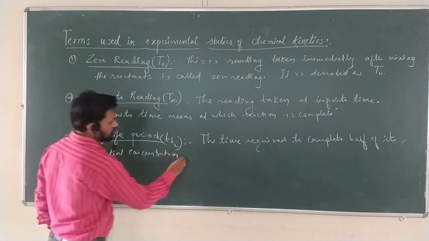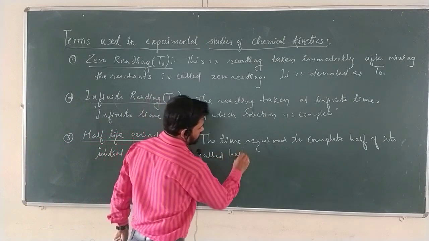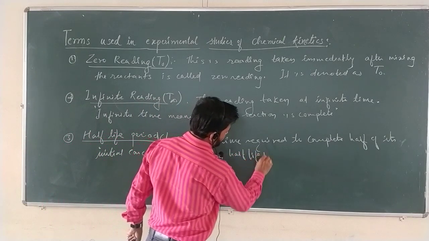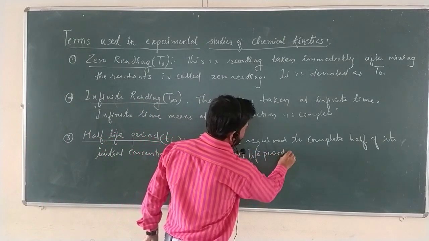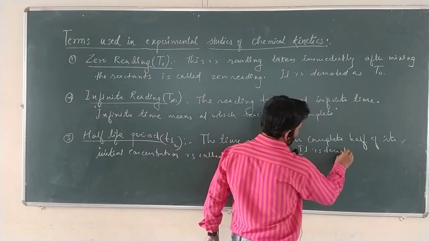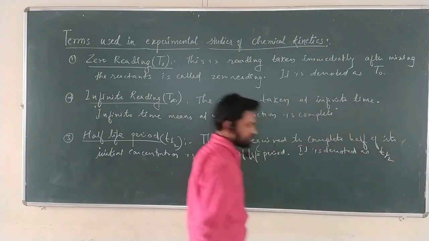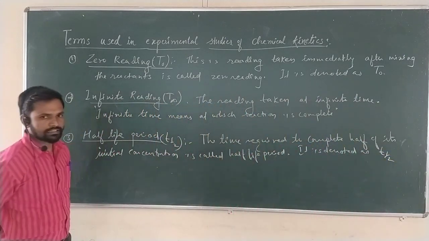Half of its initial concentration is called the half-life period. It is denoted as t half.